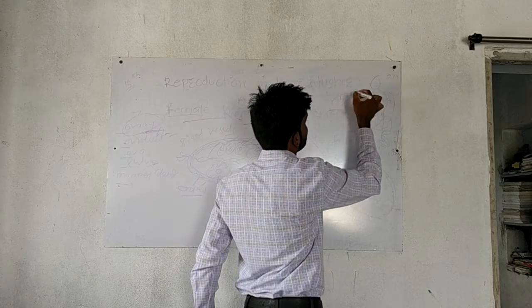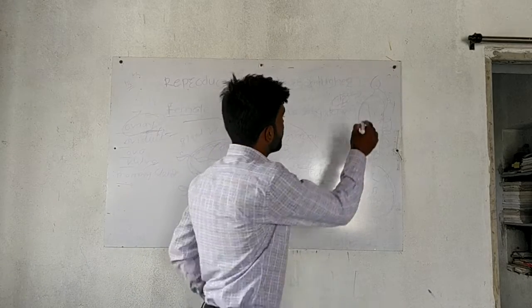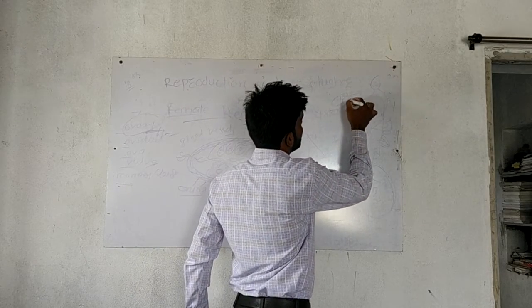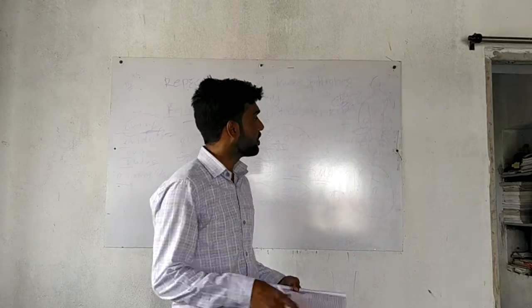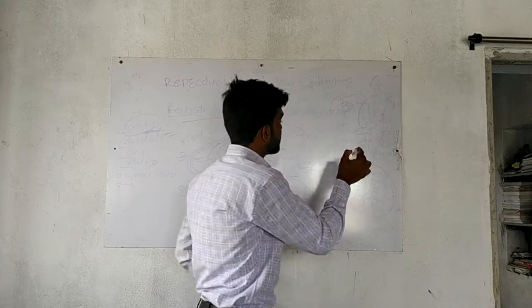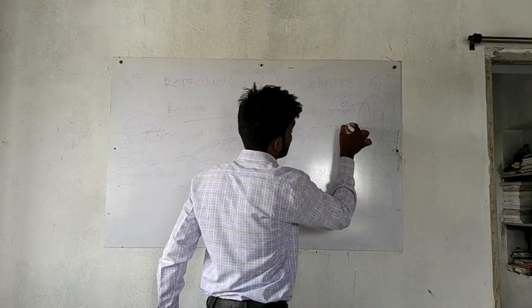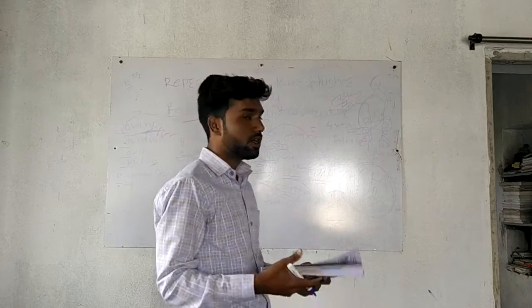This question is asked in MCQs, so you have to know that menarche starts at 13 years of age. Menopause, when the menstrual cycle stops, occurs at the age of 45 to 55.